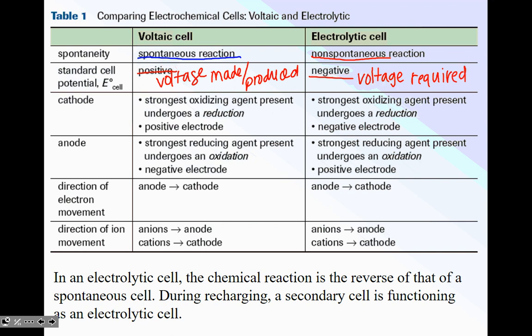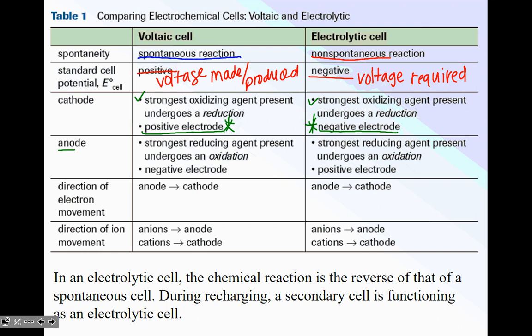So for the cathode, let's take a look here. The strongest oxidizing agent present undergoes a reduction, and it's your positive electrode. Let's take a look at the electrolytic cell. The strongest oxidizing agent present undergoes reduction, so this is the same. However, the difference comes here. It's a negative electrode for electrolytic, and it's a positive electrode for voltaic.